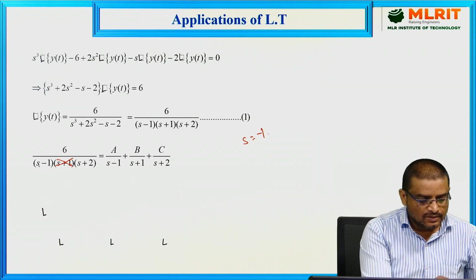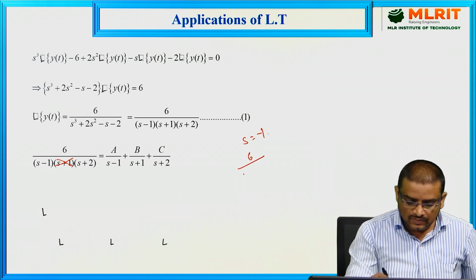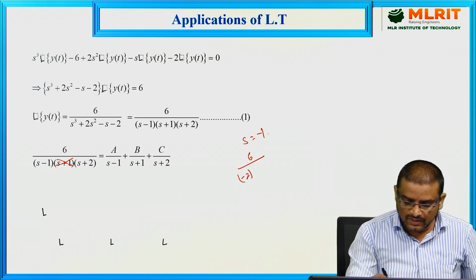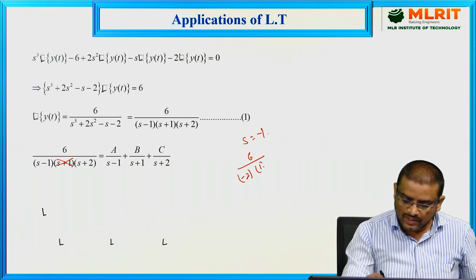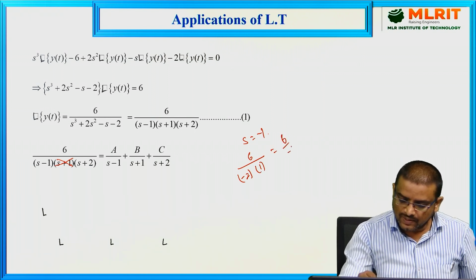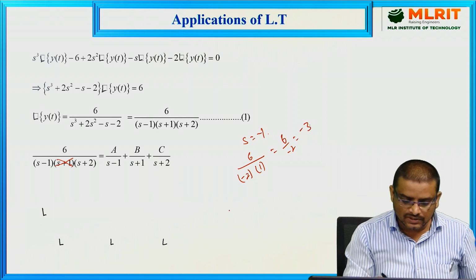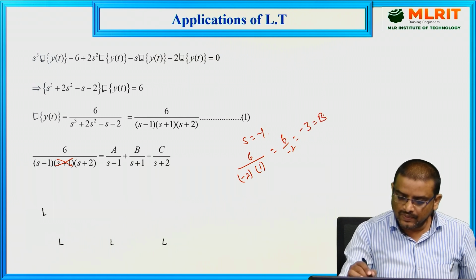You will get 6 by minus 1 plus 2, which is 1 plus 2... so 6 by minus 2, which is equal to minus 3. So this is our b value here.